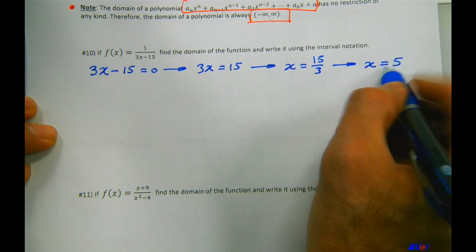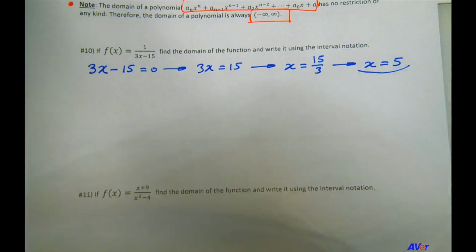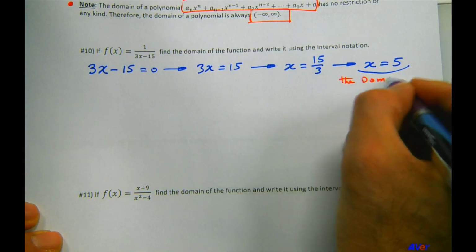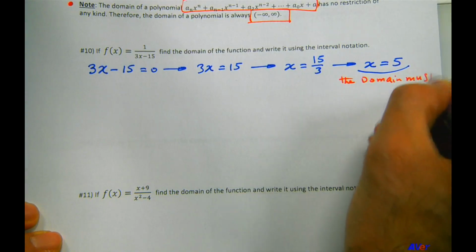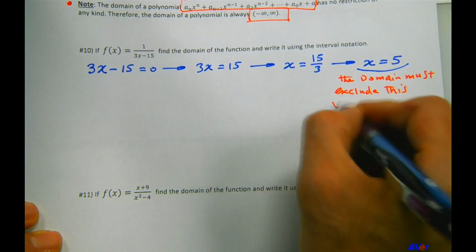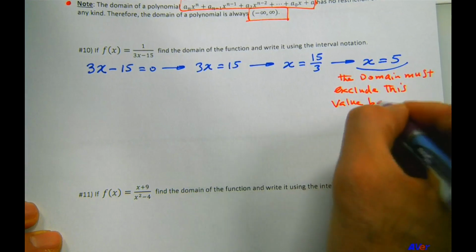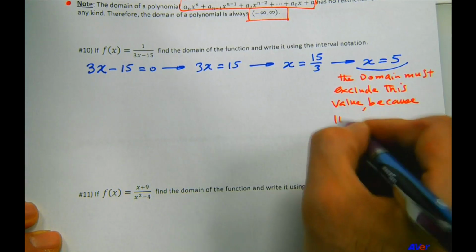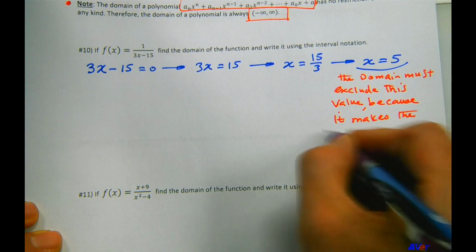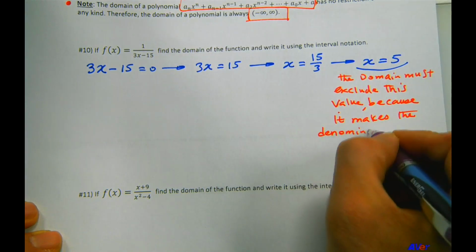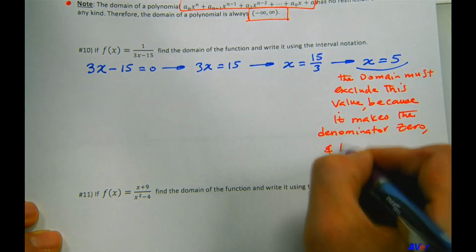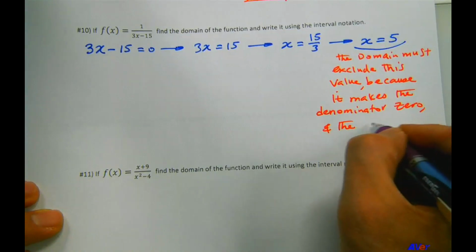So the domain must exclude this, and the function is undefined there.